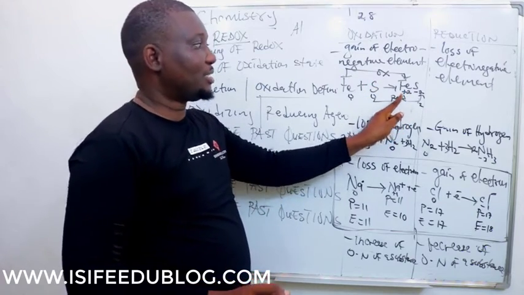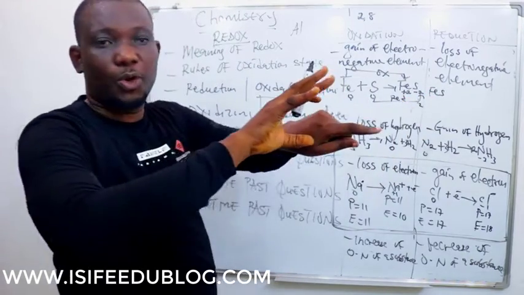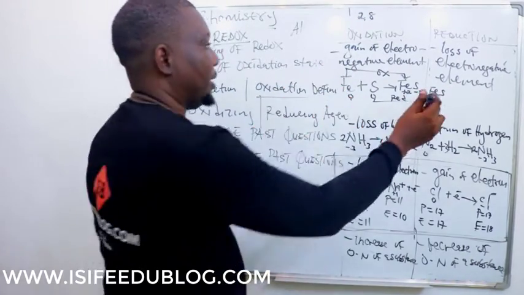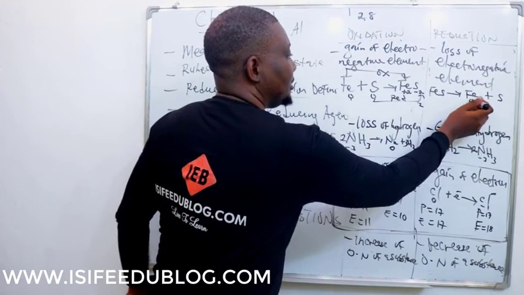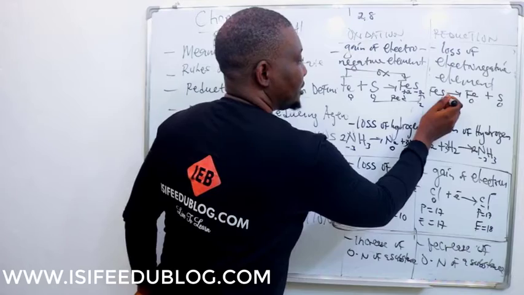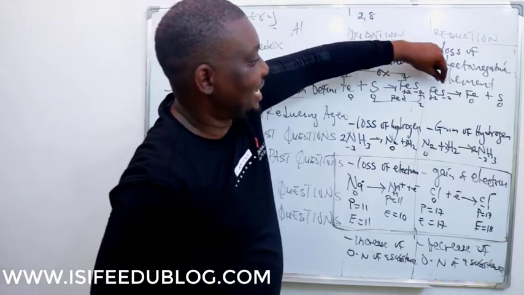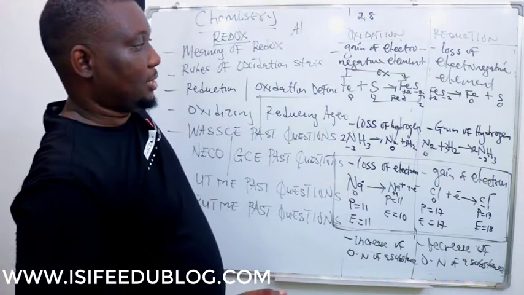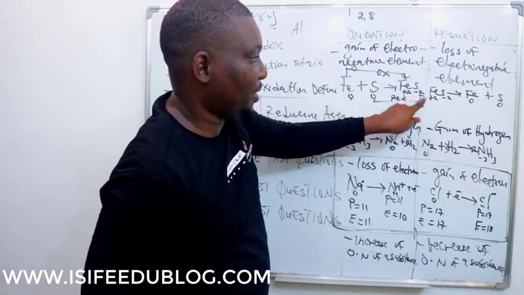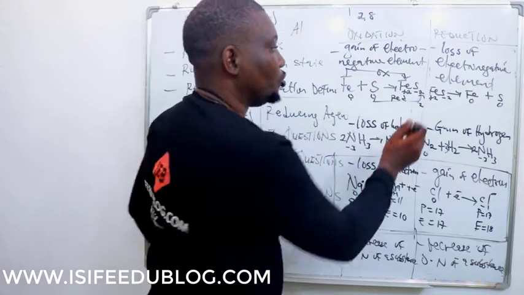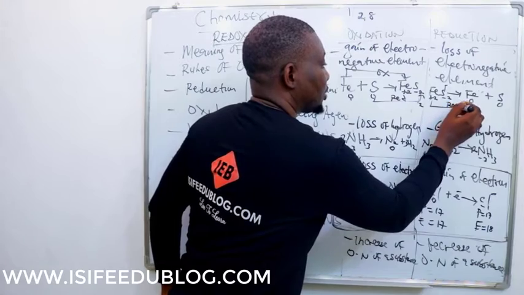If I try to separate sulfur from iron(II) sulfide, I'm going to have Fe plus S, both 0, from -2 and +2. If I remove an electronegative element, that is loss of S from FeS, iron is going to reduce from +2 to 0. This is reduction.